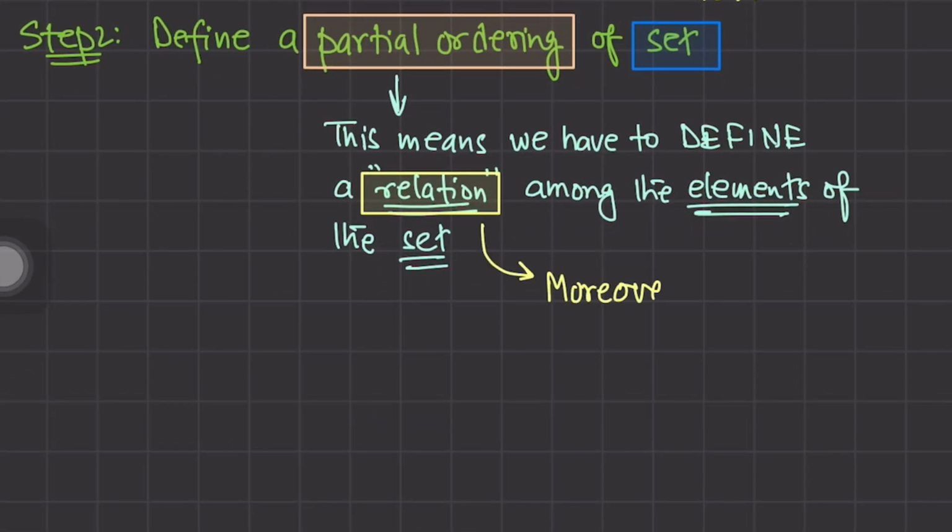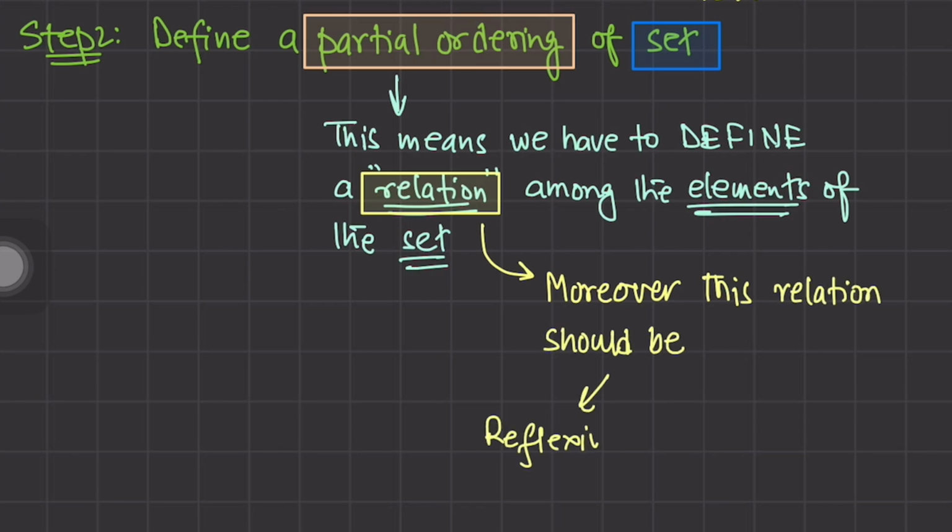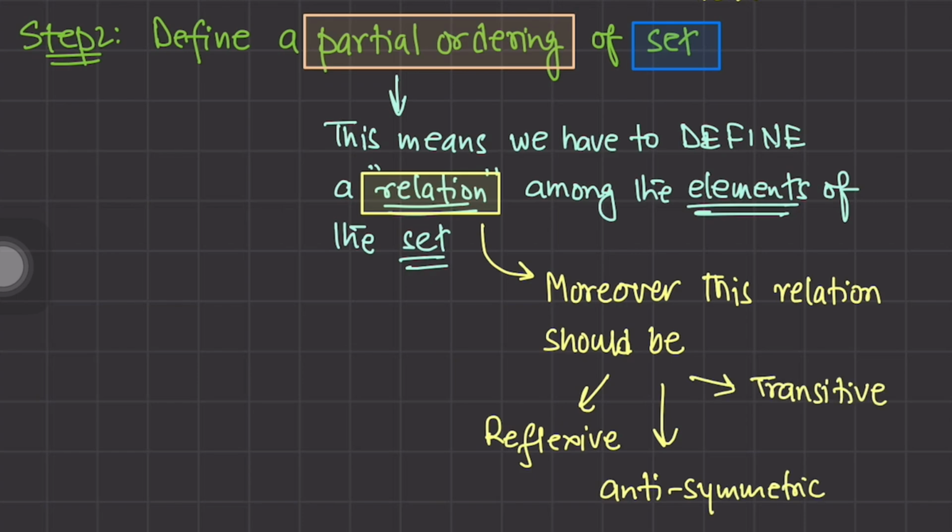It has more sensitivity than secret, and secret has more sensitivity than confidential. So a default relationship exists, right? Now, when we say that we have to define a relationship, it means that this relationship should exhibit 3 qualities: it should be reflexive, it should be antisymmetric, and it should be transitive.